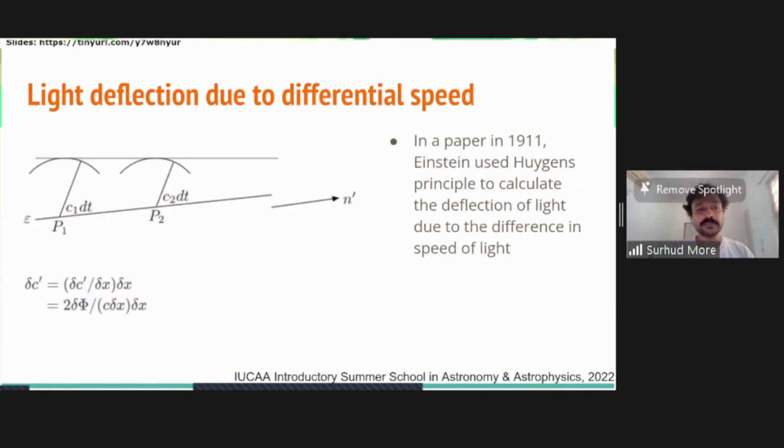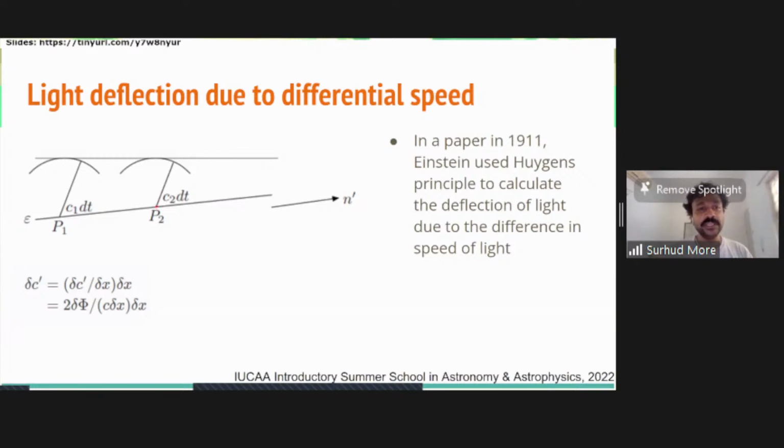And so in this particular case, you have this wavefront. And then let's consider 2 points, P1 and P2 on this wavefront. Because we know that the speed of light depends upon the distance away from that potential, because it depends upon the potential, the speed of light at this location should be different from the speed of light at this location.